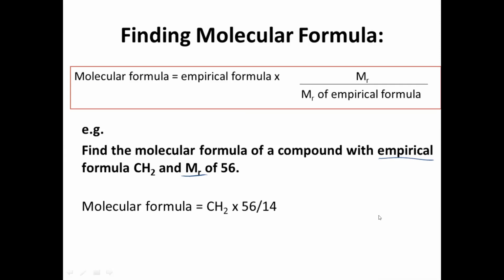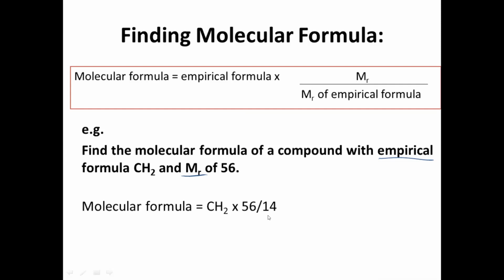I'm going to take the MR of the molecular formula and divide it by the MR of the empirical formula. So what does that mean? The MR of the empirical formula is 14, right? 1 carbon is 12 and 2 hydrogens is 2, that's 14.